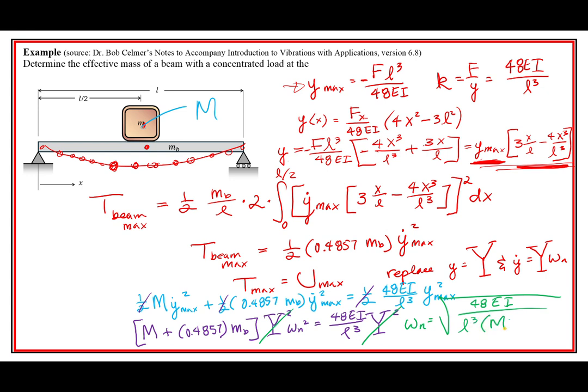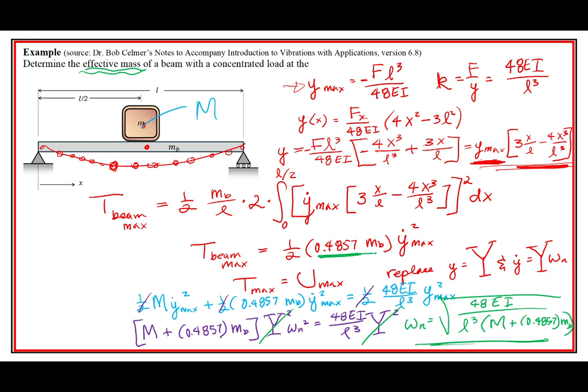And that right there is the effective mass of the beam. It adds about 50% of the beam's weight to the mass that it's supporting and will influence what the natural frequency is, which makes pretty good sense.